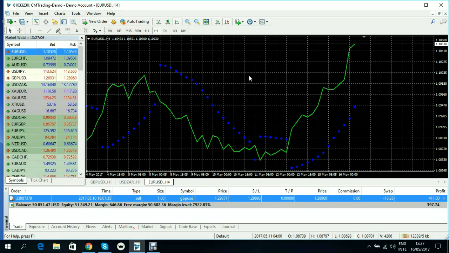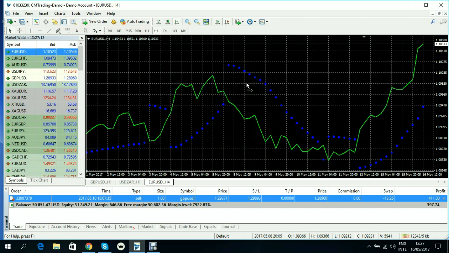For a buy position, to exit the trade is when the first dot, or the second or the third, appears above the candlestick.